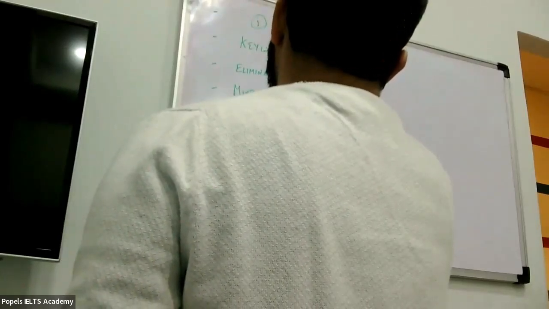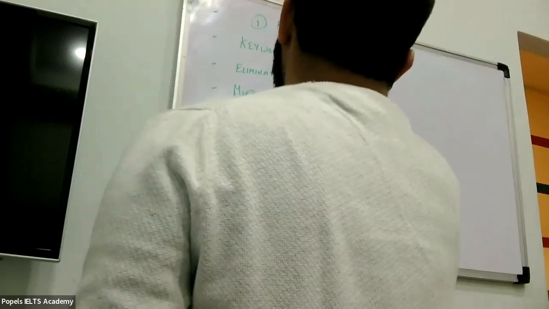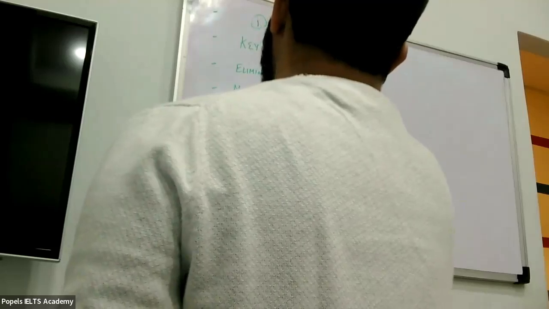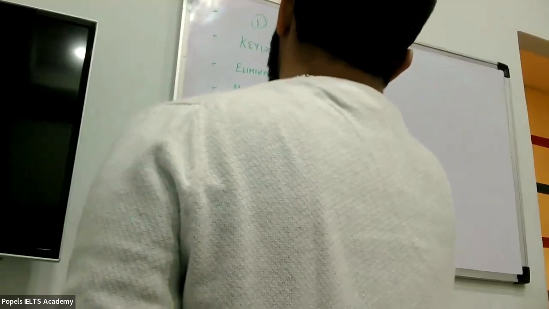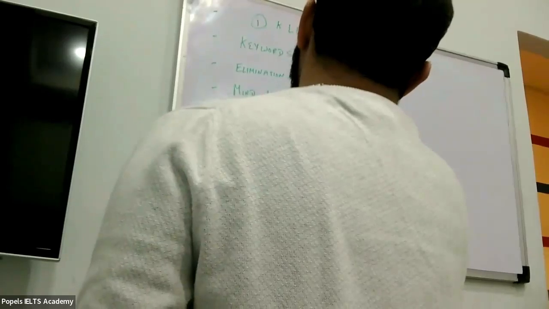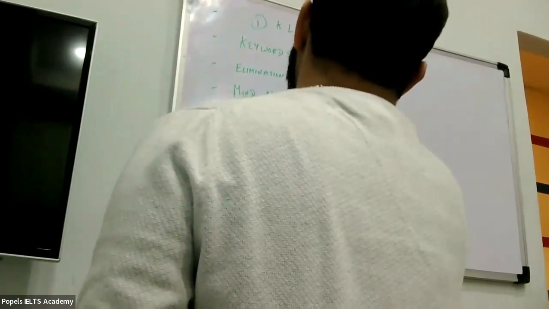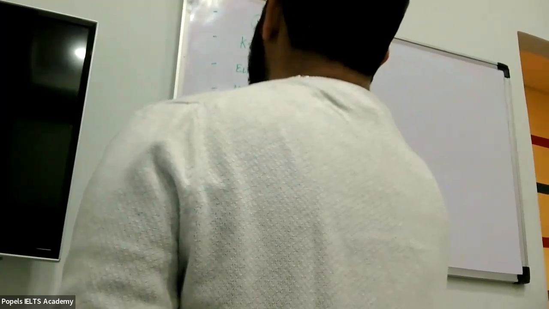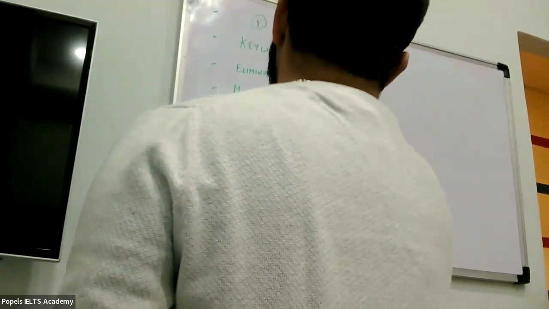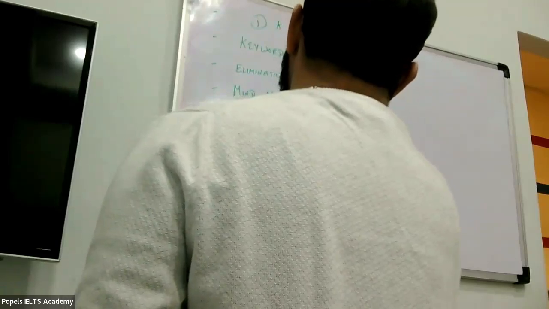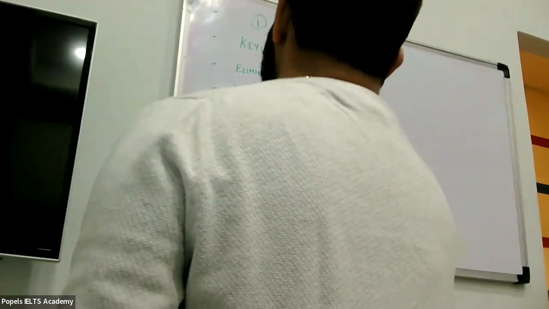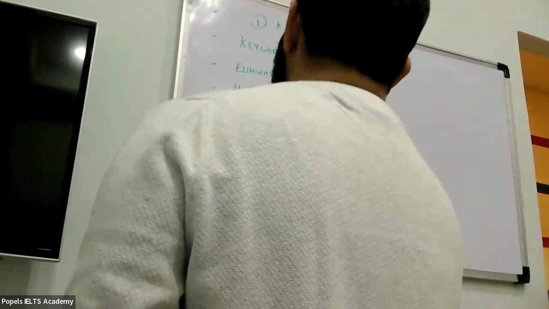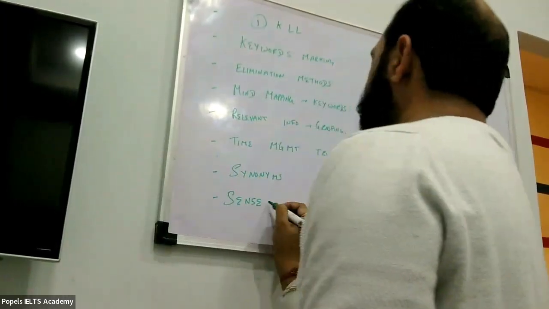Read only relevant information, skip other, while skimming. Relevant information grasping. Strategies of time saving. Time management tricks. Then look for synonyms. Synonyms and sense of the sentence rather than just the word.